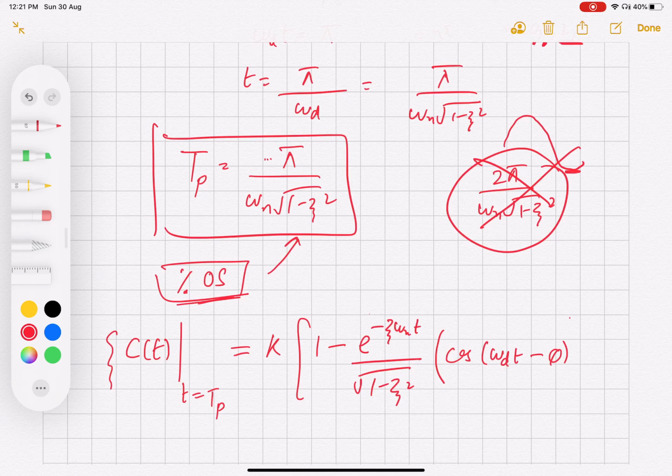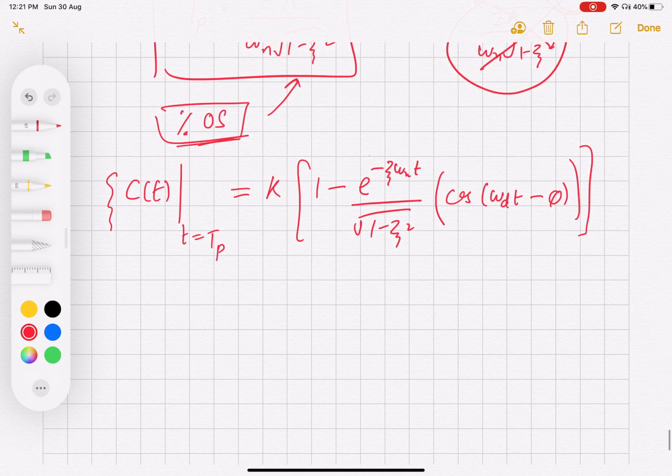This is the first expression that we derived actually. So now we have to substitute t equal to TP in this. So when we do that, what do we get?